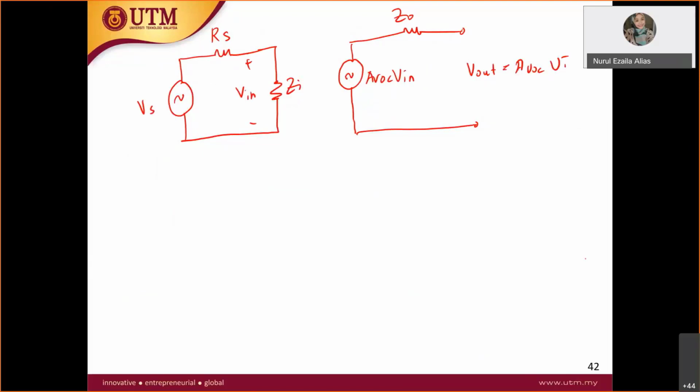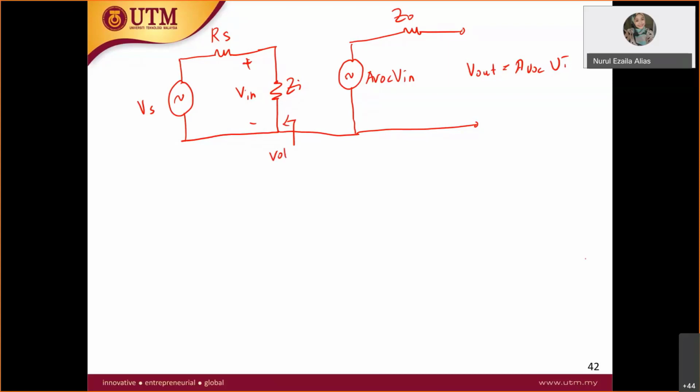All right, so let me explain one more time here. How do we get V in? In here, as you can all see, V in is equal to the voltage across Z in. So we might want to use the concept of voltage divider.